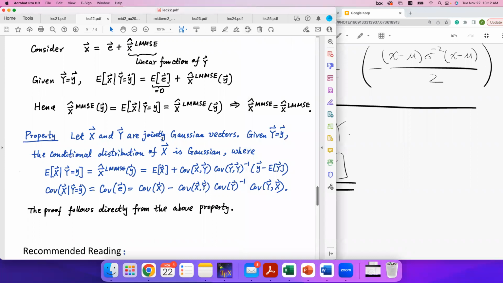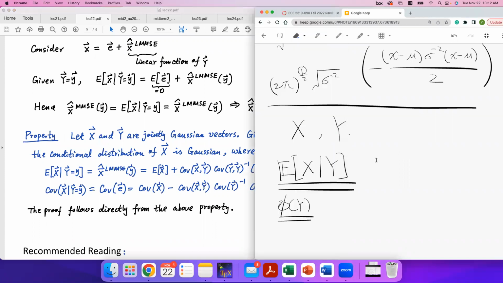If x and y are jointly Gaussian, then conditioned on this realization, the conditional distribution of x is Gaussian. I think I should write it in this way. So basically, this is Gaussian.